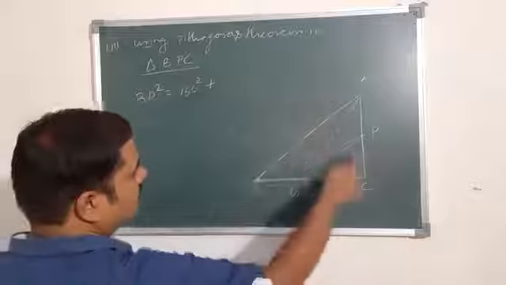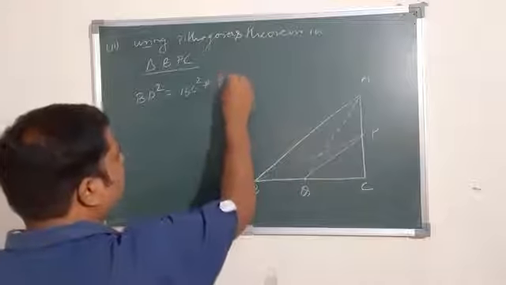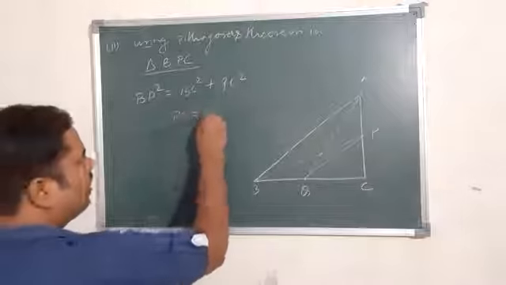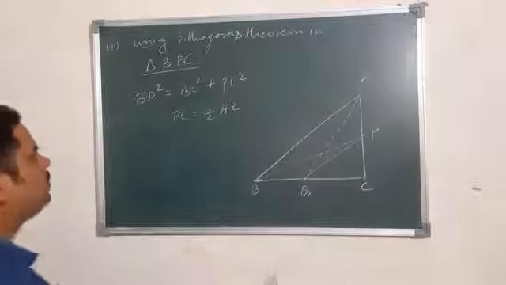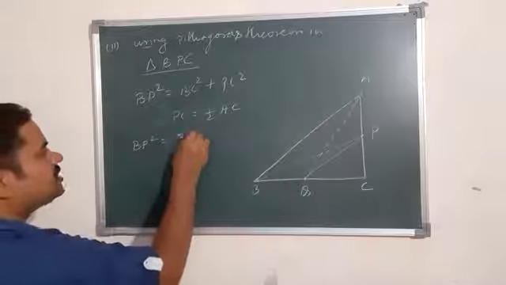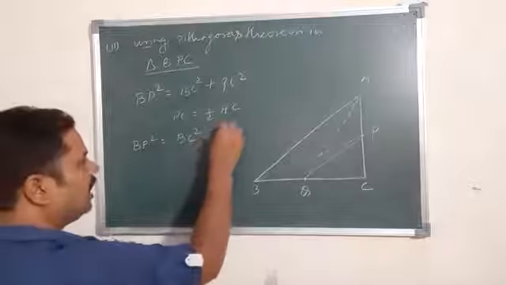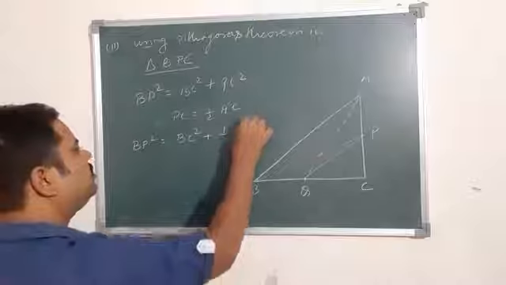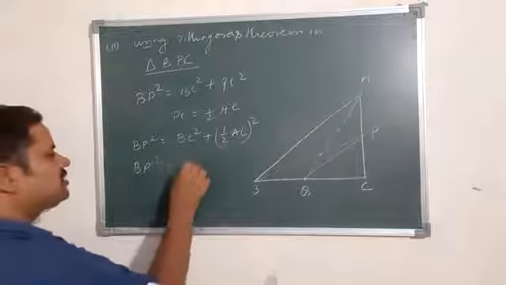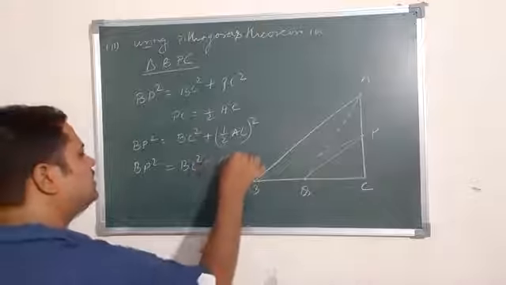plus PC square. Since we know that PC is nothing but half of AC, BP square is BC square plus half of AC whole square, which is BC square plus AC square by 4.